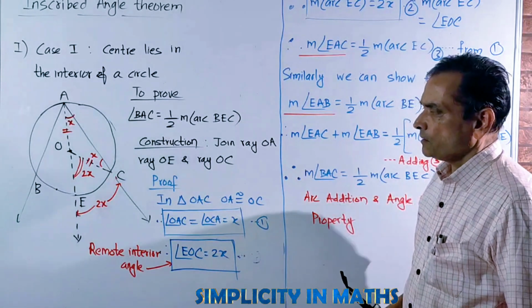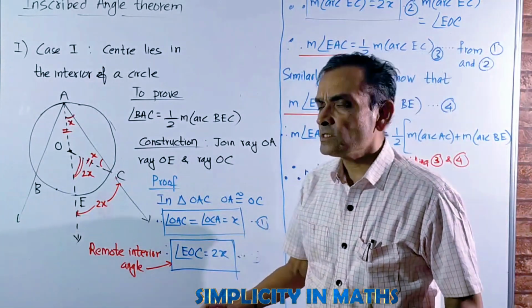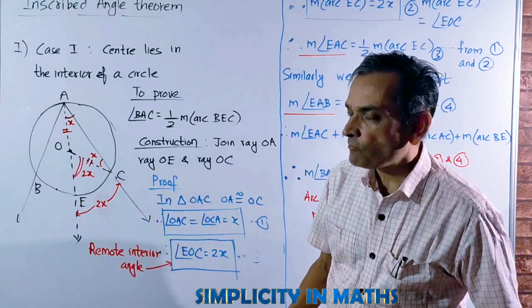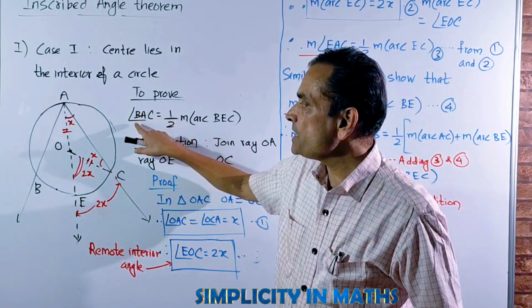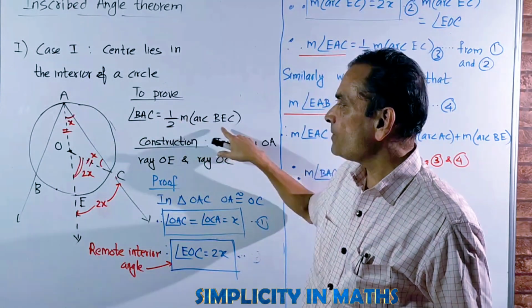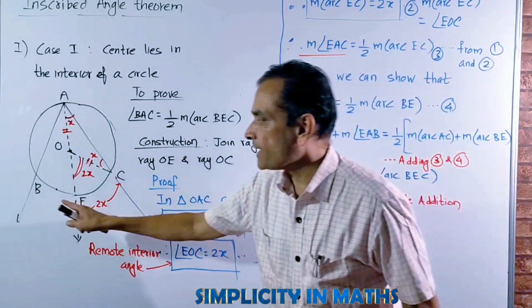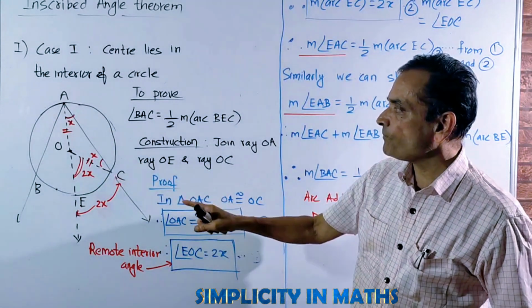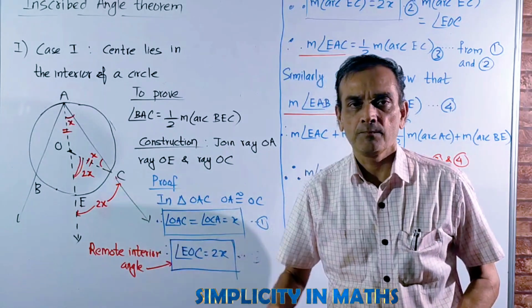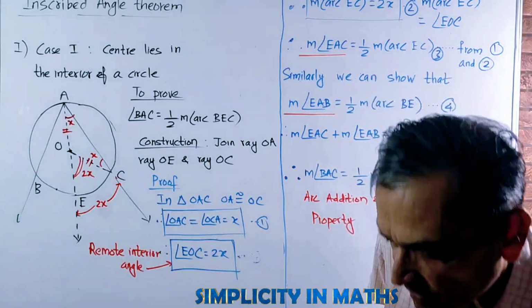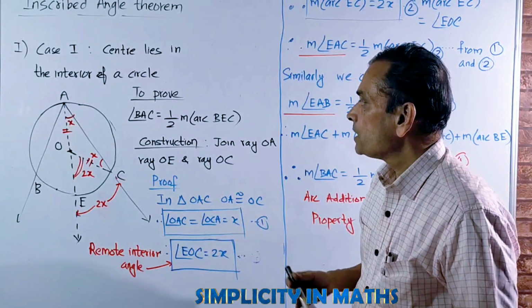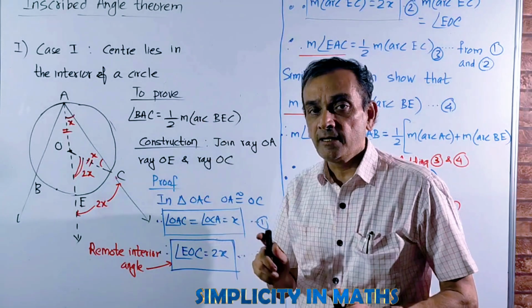So according to the inscribed angle theorem, we have to prove angle BAC is equal to half the measure of arc BEC. And remember, the measure of an arc is in degrees.